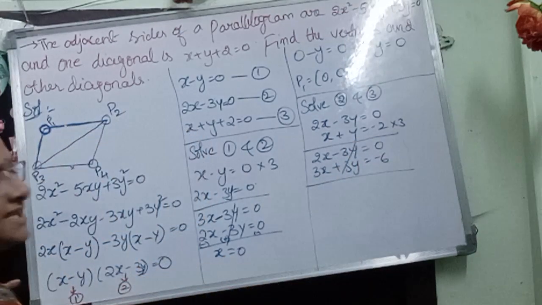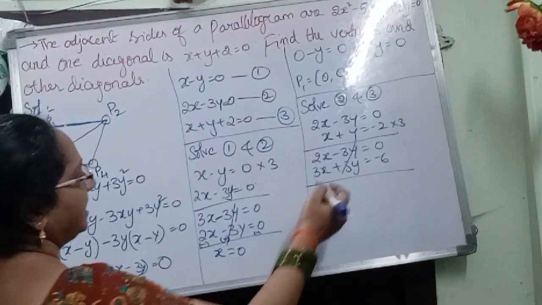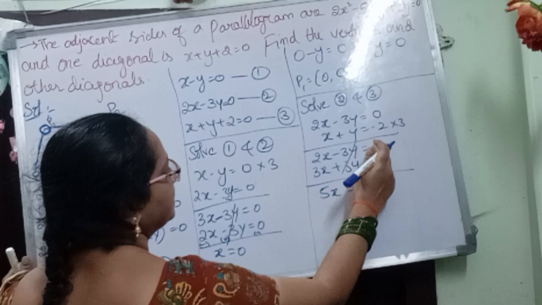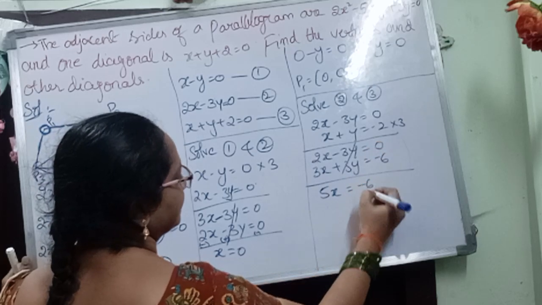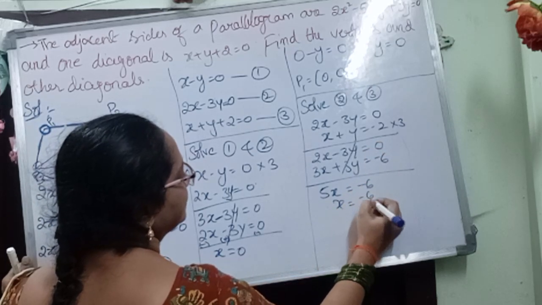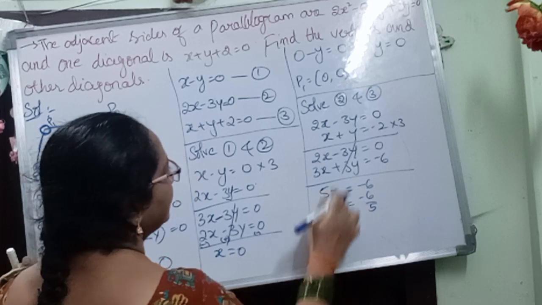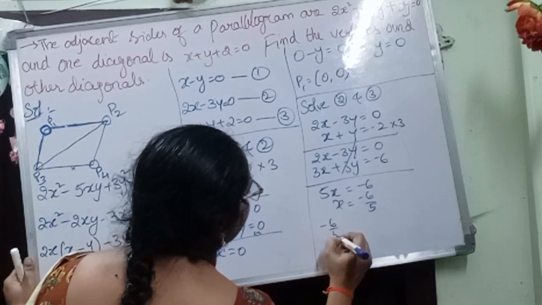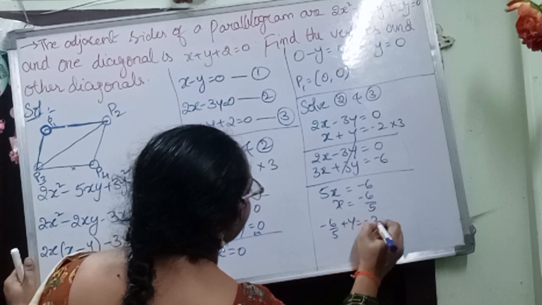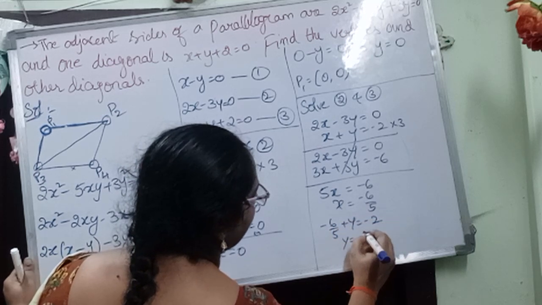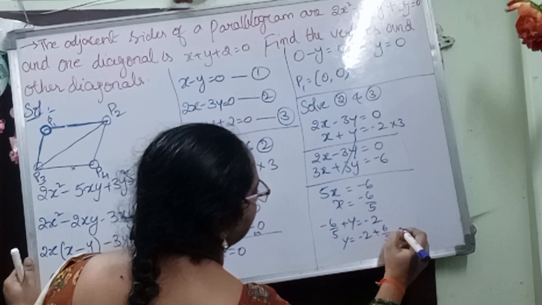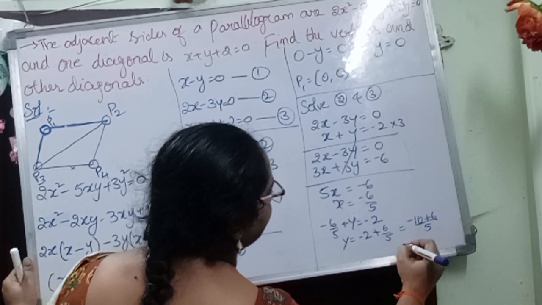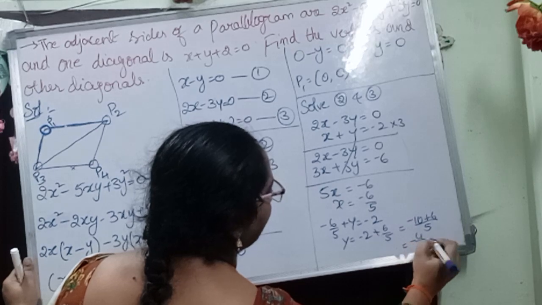These two terms are opposite, so they get cancelled, and here we are adding. So 2 plus 3 is 5x = -6, so x = -6/5. Substitute x in the second equation: -6/5 + y = -2, so y = -2 + 6/5, that is (-10 + 6)/5, which equals -4/5.